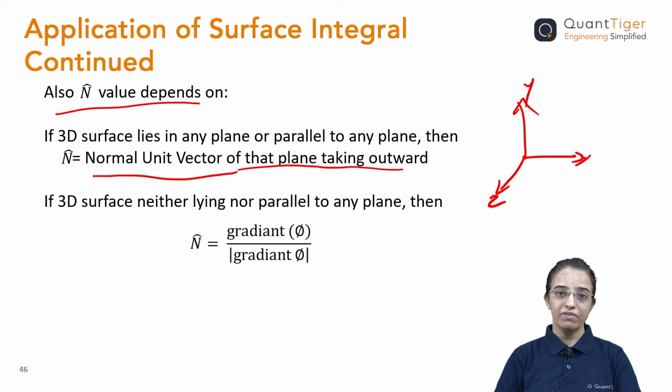If the given surface is lying in the xy plane, or in a plane parallel to it, try to visualize it: if you imagine any plane which is parallel to the xy plane and your surface is lying there, in that case also we will take n cap as the normal unit vector of that plane, taking outward. If the surface is in the xy plane or a parallel plane, then we take the unit normal vector which is perpendicular to the xy plane. Obviously the z axis is perpendicular to it, and its unit vector is k cap.